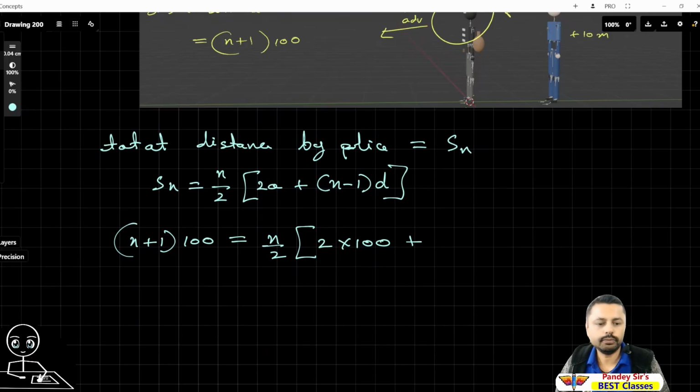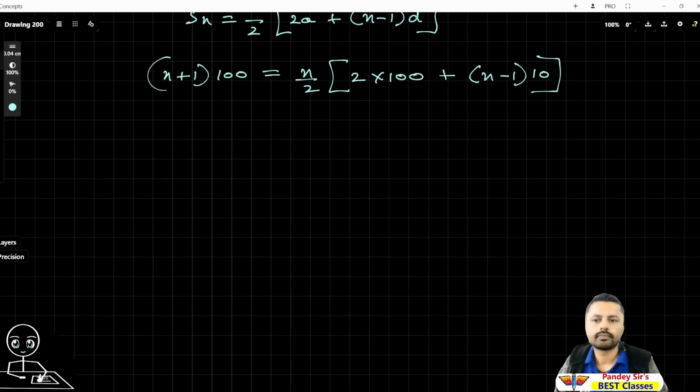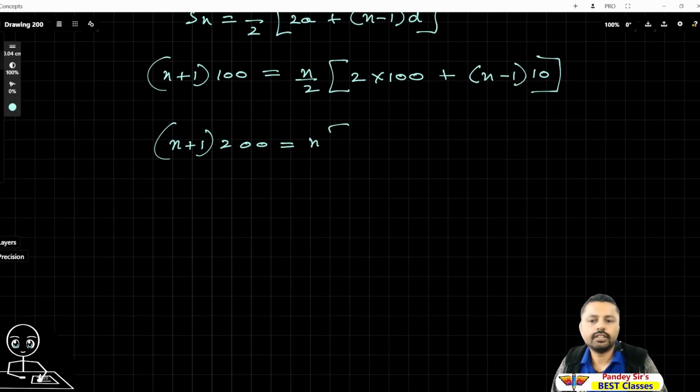So n we don't know. So n minus 1 into d. Every time the police is increasing by 10 meters, so into 10. Now let's multiply the thing. So let's take this thing that side. n plus 1 in bracket into 200 equal to n in bracket 200 plus 10n minus 10.